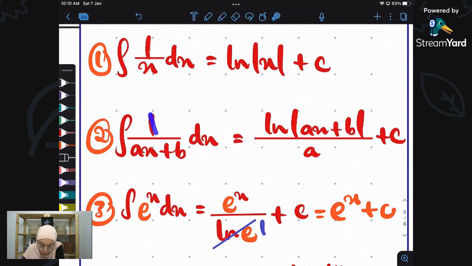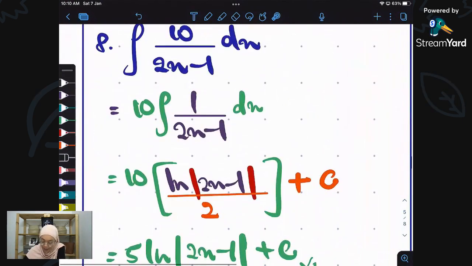When you have 1 over linear, ax plus b, you will have the answer as ln ax plus b, copy paste. But you must not forget to divide by a. A is coming from differentiating whatever linear there. Okay, so those are the 2 basic rules yang sudah pun you hafal. Okay, you should hafal.